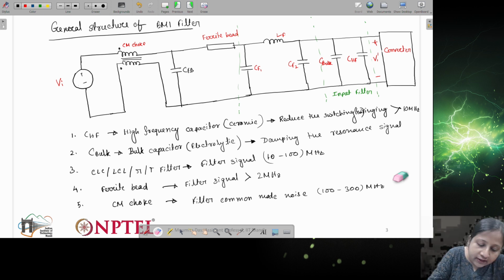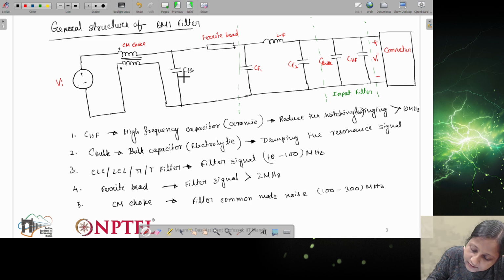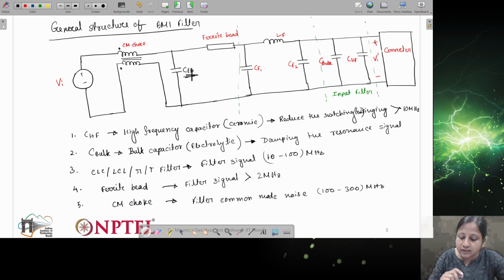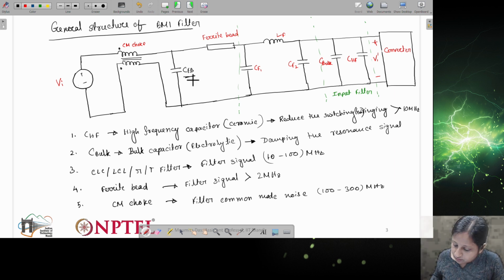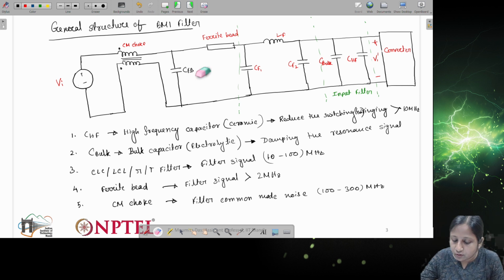One part I left here which is CFB. This is provided in between the common mode choke and the ferrite bead to provide noise reduction. Okay, so this part is not particularly for any level of noises.